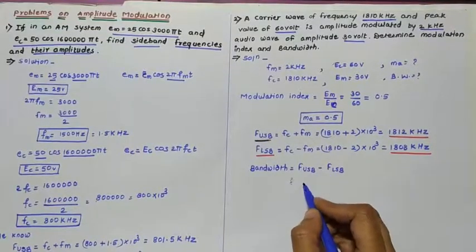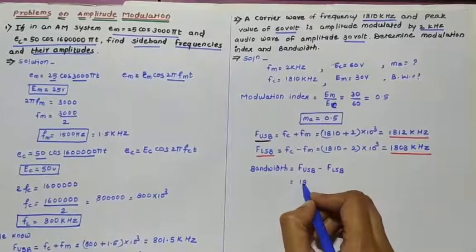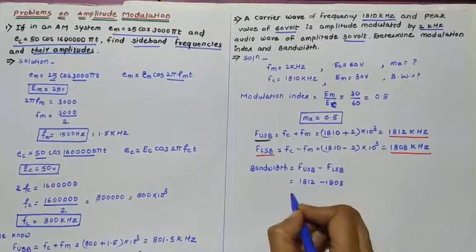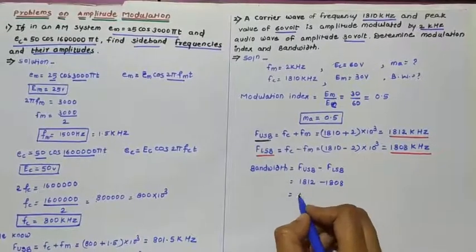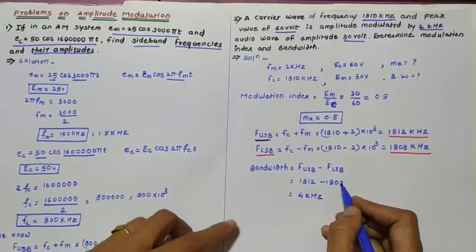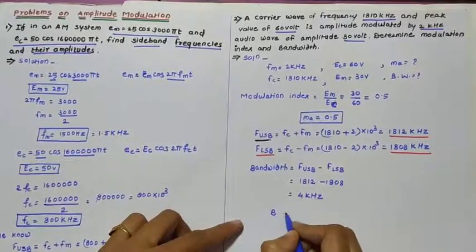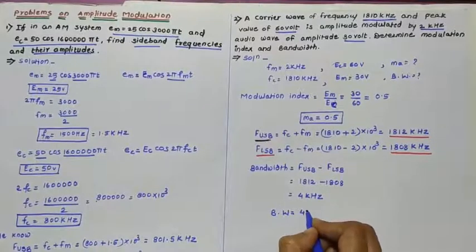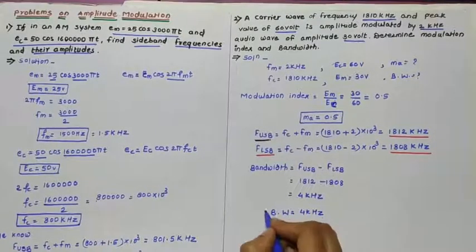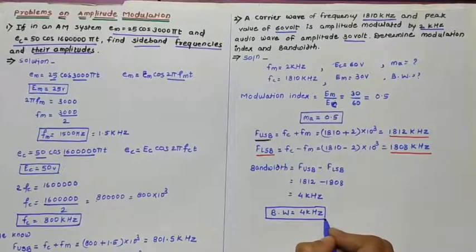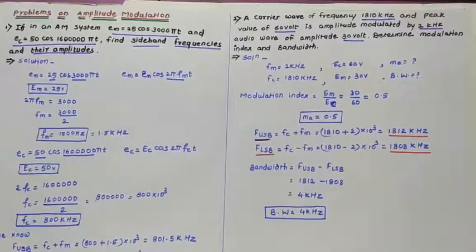So we'll write here 1812 minus 1808. Therefore we'll get 4 kilohertz. So this is the bandwidth of the given signal. So bandwidth is equal to 4 kilohertz, and this is the final answer. In this way you can solve different types of problems. Okay students?